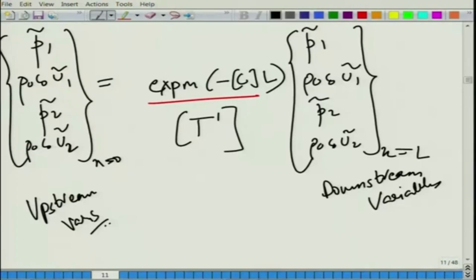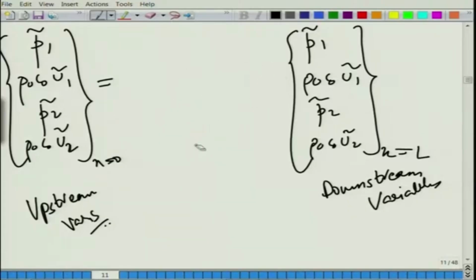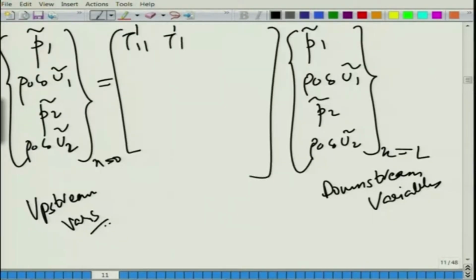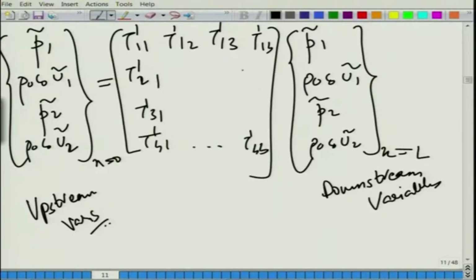So, as a result, what we would like to do is reshuffle the matrix, in the sense that let me just rub this out and write it something like this: T11, T12, T13, T14. So, this will become like this.